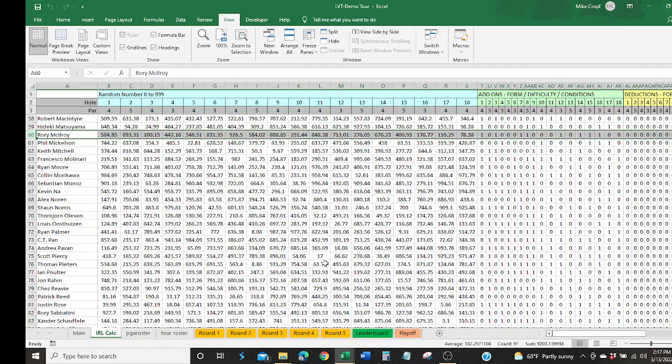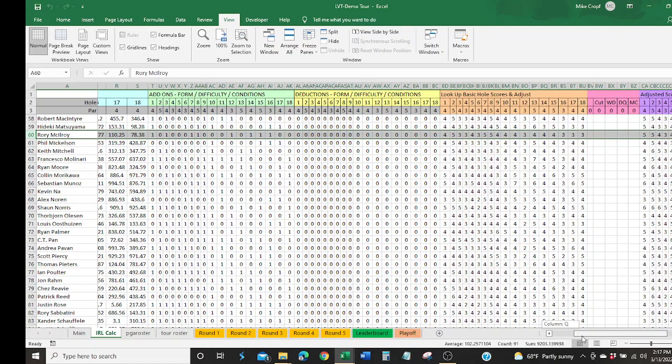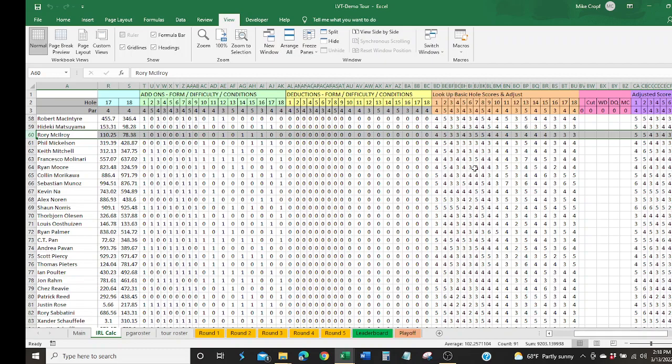So we saw his base score would have been a 4, based upon where he fell into the range of numbers. And then since he met that condition, it adds 1 to the score, which makes it a 5. And that's how he got his 5 on the first hole. If we had been using easier conditions, it would have deducted a stroke from his base score.